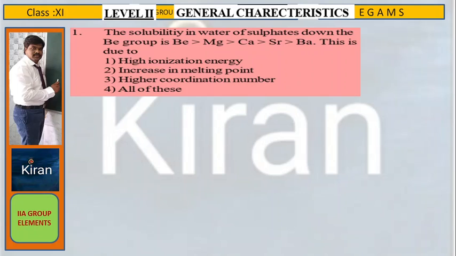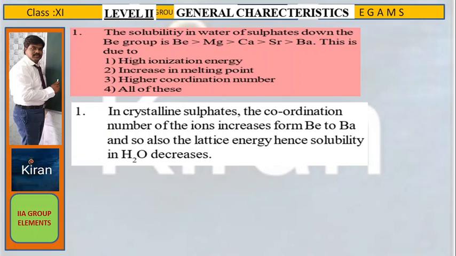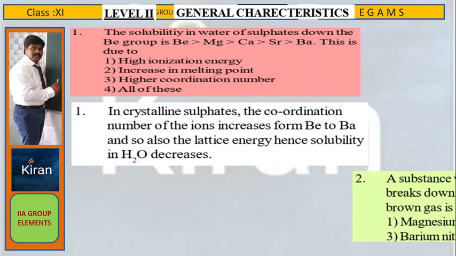Higher coordination number is the answer. In crystalline sulfates, the coordination number of the ions increases from beryllium to barium, and also the lattice energy, hence solubility in H2O decreases. That is the reason barium should have the least and beryllium should have the highest.